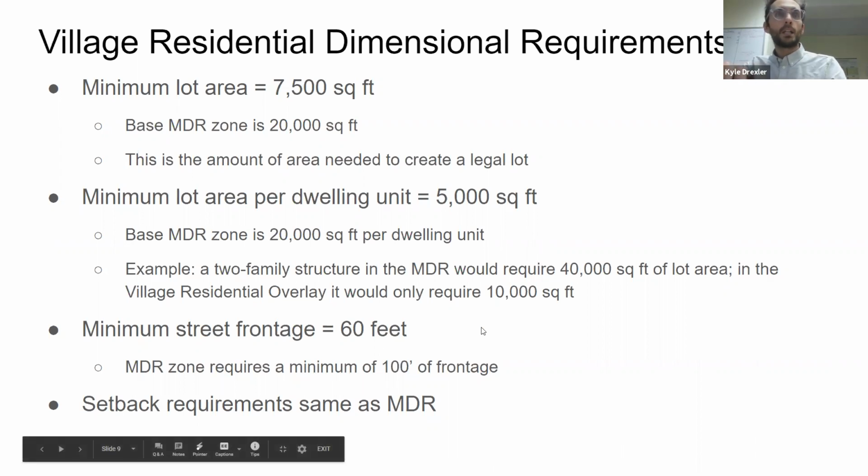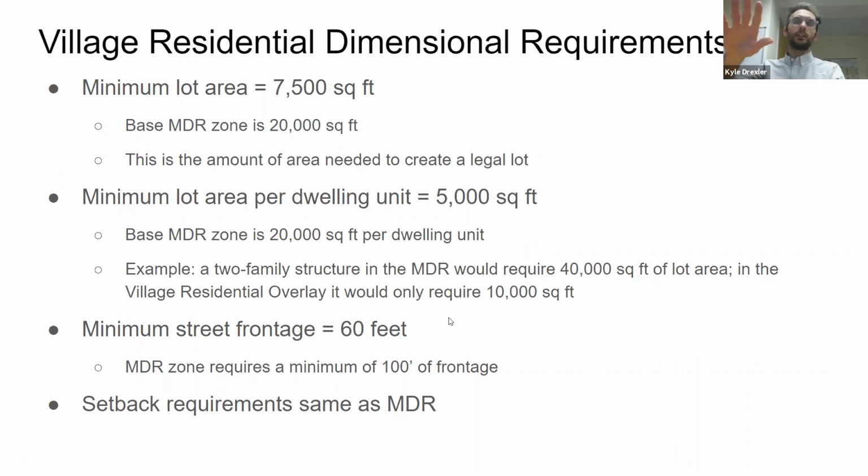And I should mention that while this overlay district talks about adjusting the dimensional requirements of lots, it doesn't have anything to do with the uses allowed in the district. So right now the medium density residential district is primarily a single family district, and it also allows for 2-family structures.